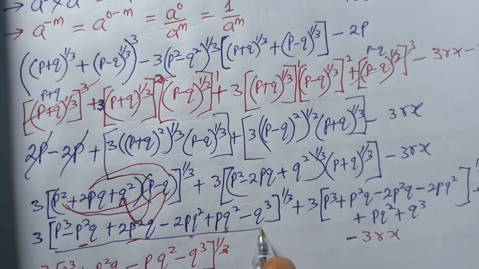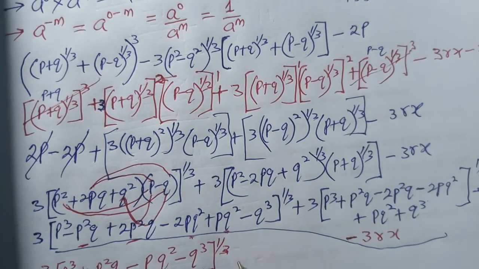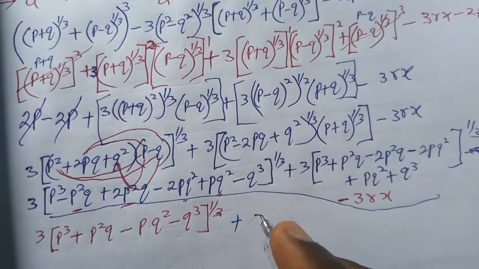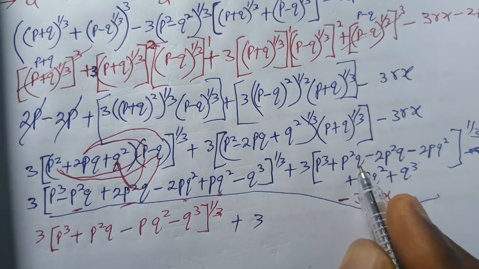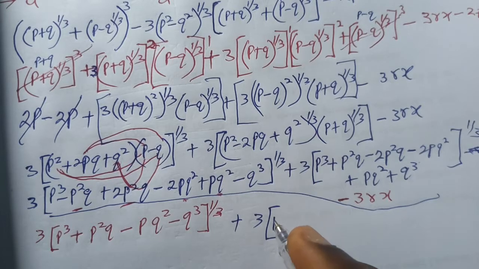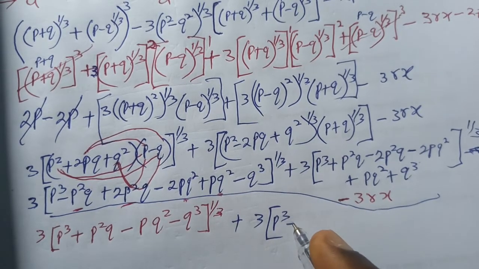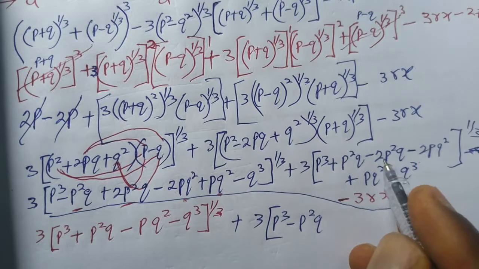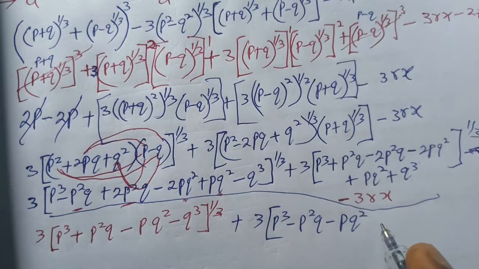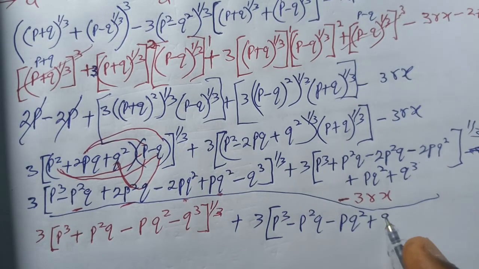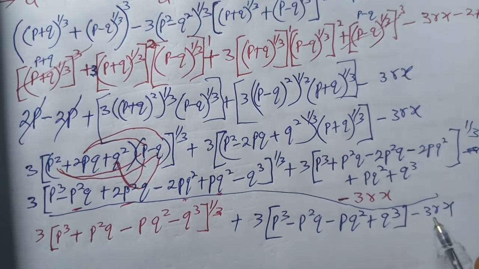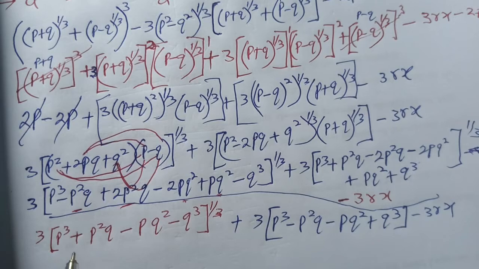Then plus 3, the same thing, this one and this one can go, so we have (p cubed minus p squared q, this minus this, minus pq squared plus q cubed), minus 3rx.